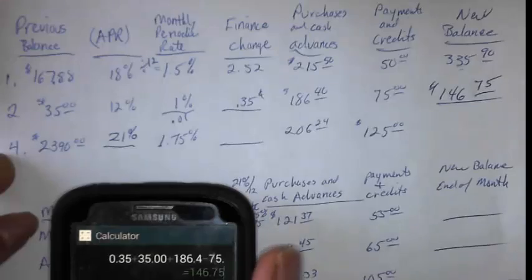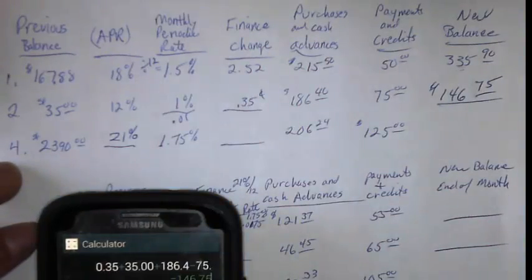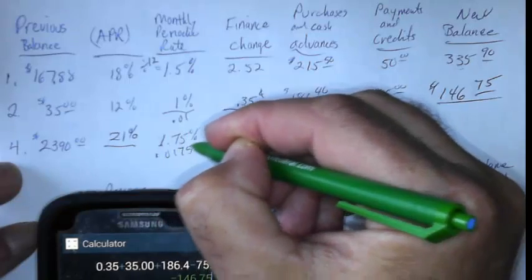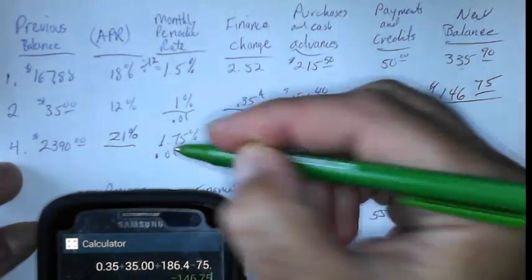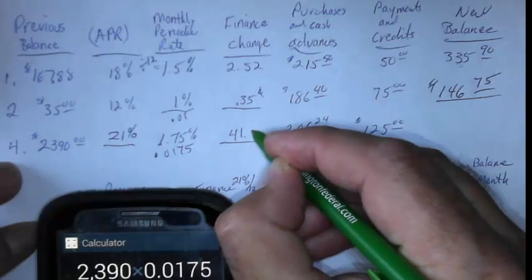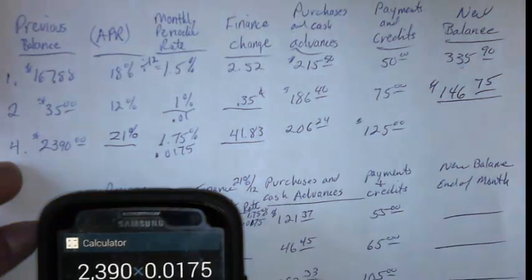So let's just do one more. Number 4, we're going to change this to a decimal, 0.0175. Trying to write around the calculator there, so we have 2390 times 0.0175. We're going to get a finance charge of $41.83.